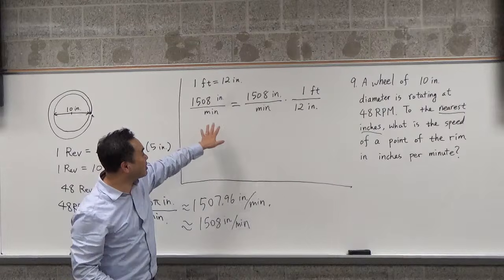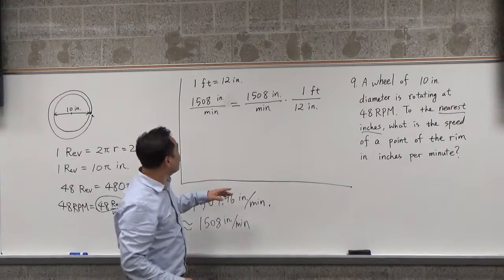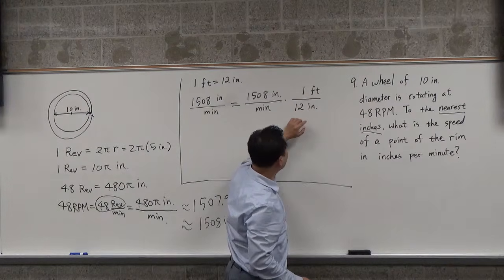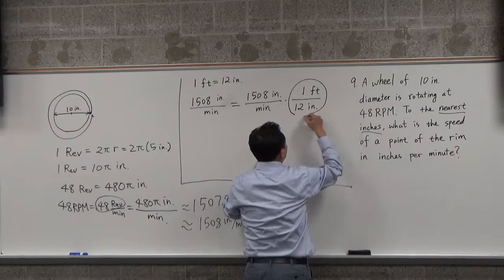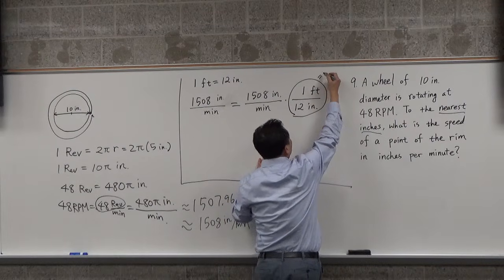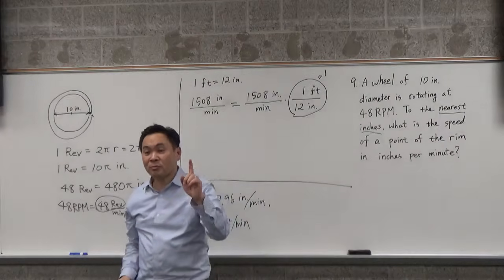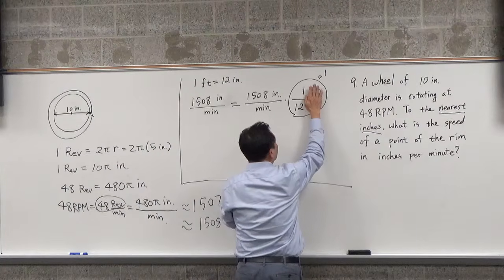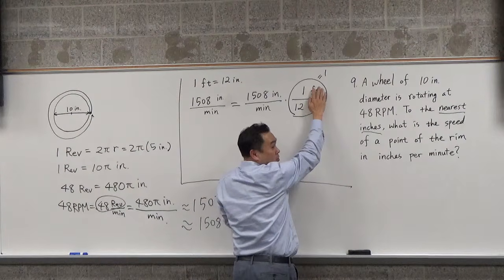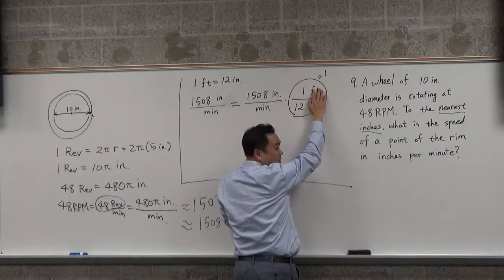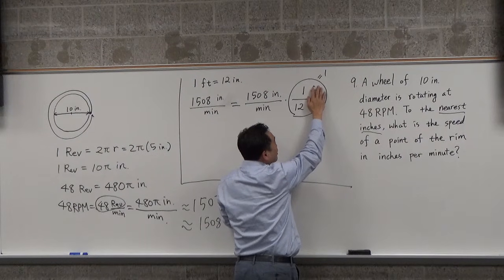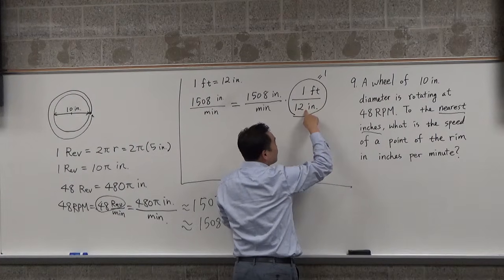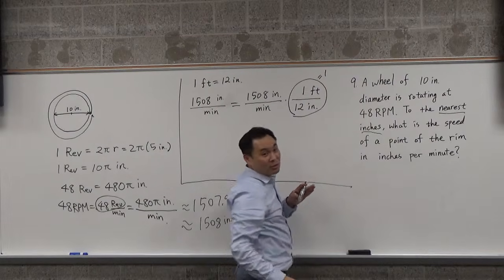So at first it might not make sense to you, but because I'm using the feet and the inches unit here, this as a whole is equal to 1. Because 1 foot is same as 12 inches. Right? Now that would be wrong if I didn't have the units. Is 1 divided by 12 equal to 1? No, that would be very wrong, right? 1 divided by 12 is much less than 1. But if you put the units, because 1 foot is same as 12 inches, these are indeed the same quantity, and therefore that is equal to 1.